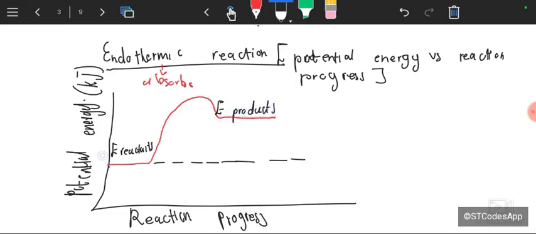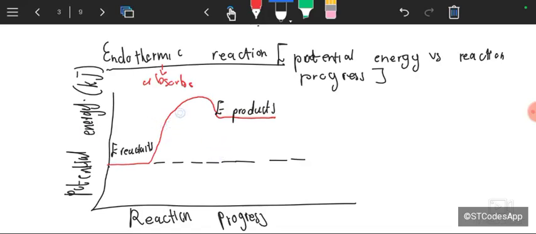You react to form product. Now understand one thing: the energy that you need to even form the product is called the activation energy.